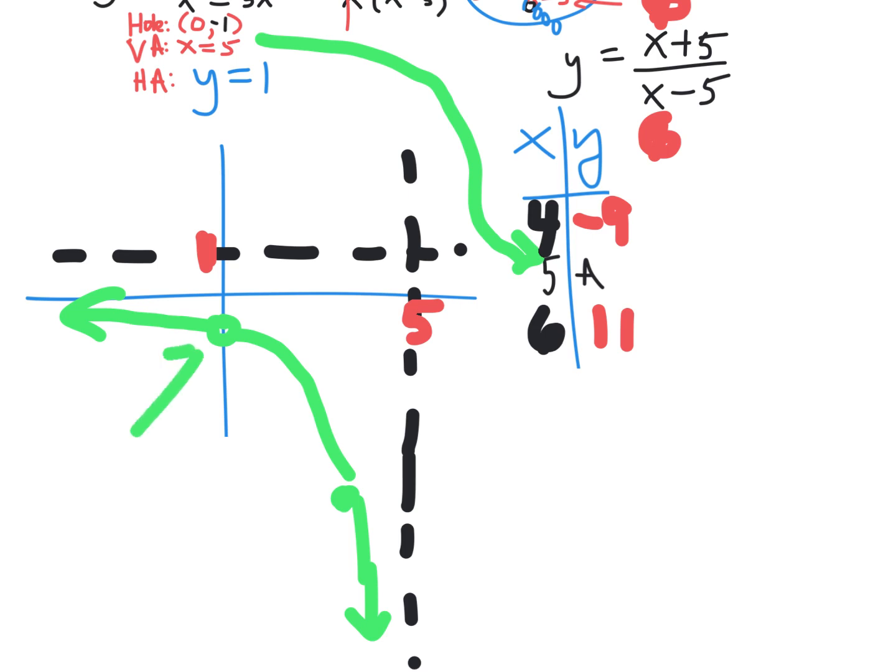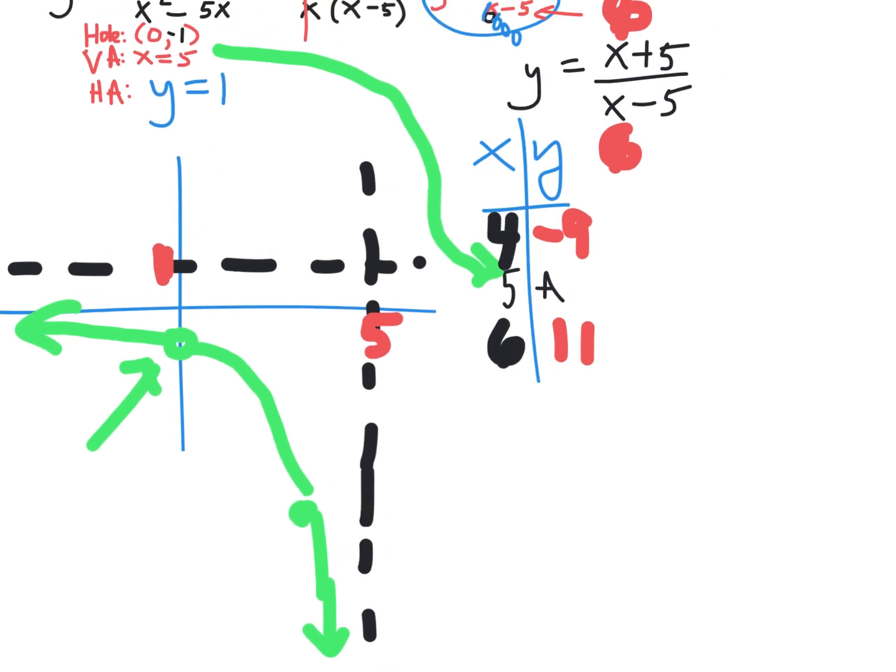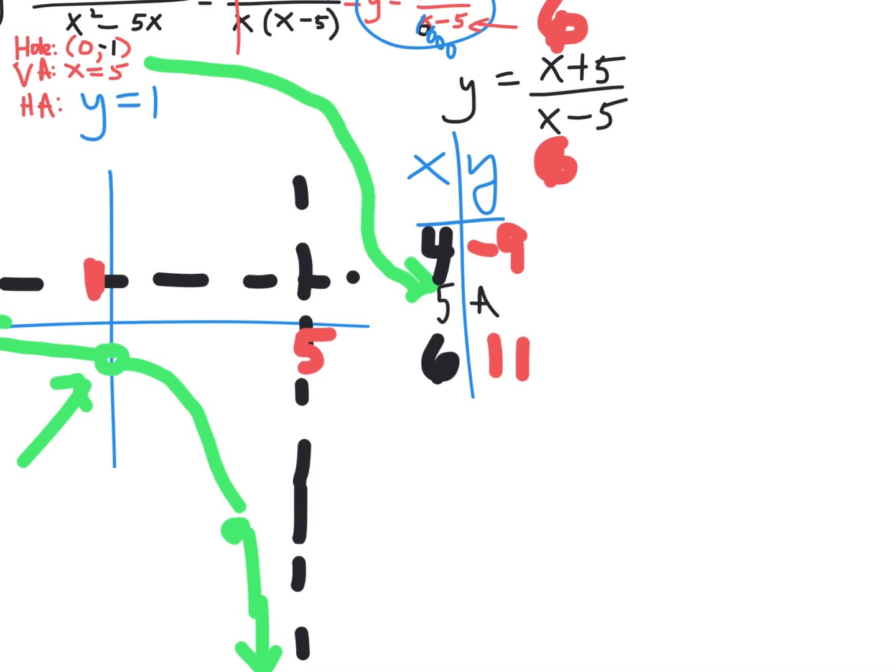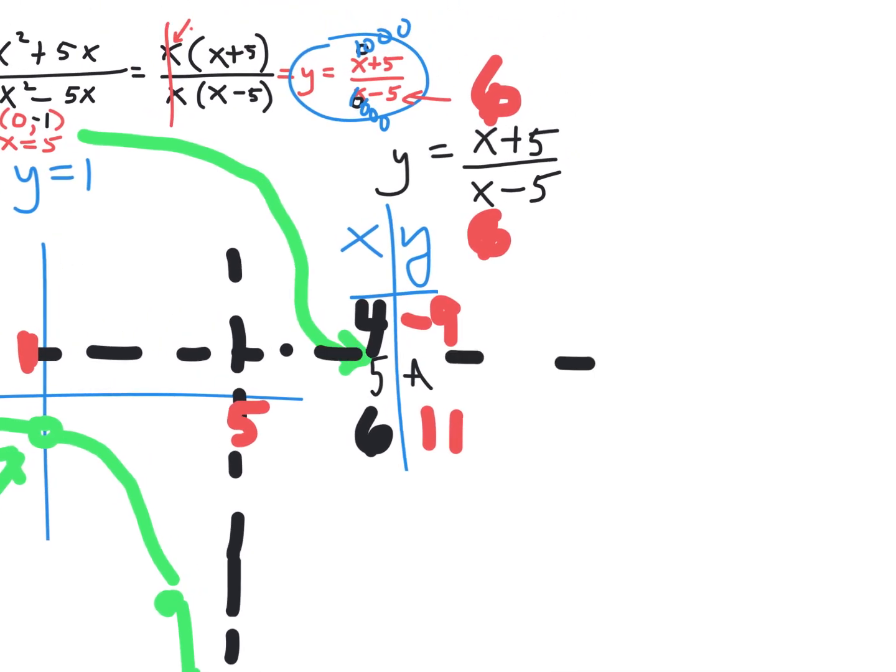Notice I didn't forget the hole. A ton of you guys are gonna go, oh crap, I graphed it, but I forgot to put the holes in on your test. If I go to 6, 11, that's gonna be basically way up here.